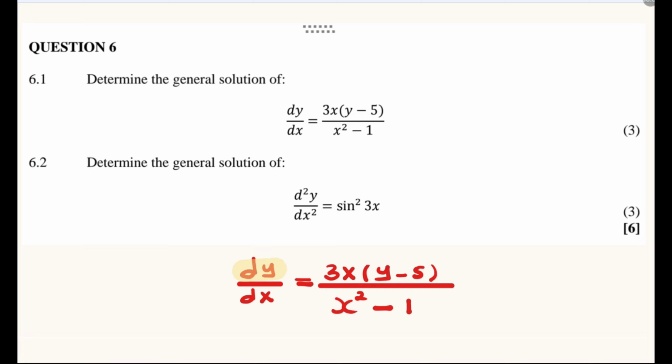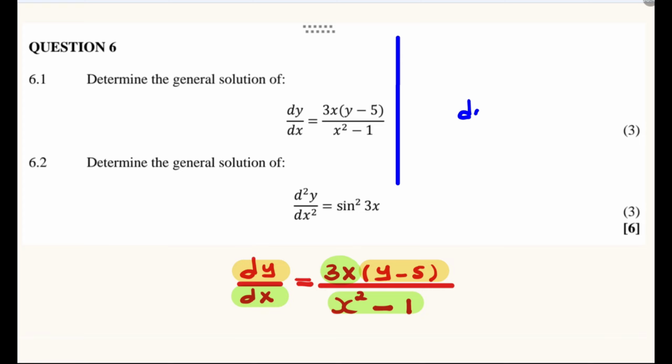group the dy with all the functions of y on the left hand side, and the function of y that we have is the y minus 5, and on the right hand side we are going to group that dx with all the functions of x, and the functions of x that we have is the x squared minus 1 and the 3x.